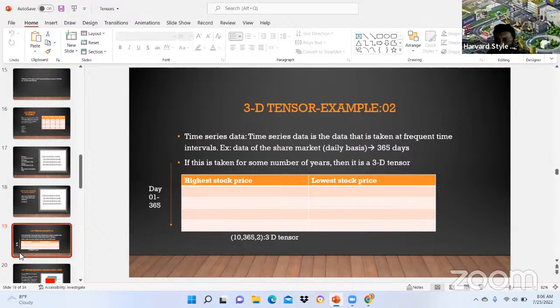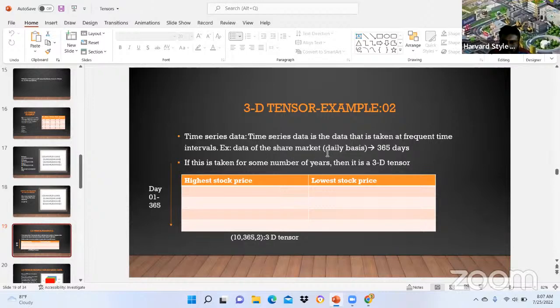Something you are recording second by second, minute by minute, week by week or year by year, continuously at regular intervals. If you are taking data like this, we will call that data set a time series data set. Okay, it has a regular way of taking the data. Time series data is the data that is taken at frequent time intervals.